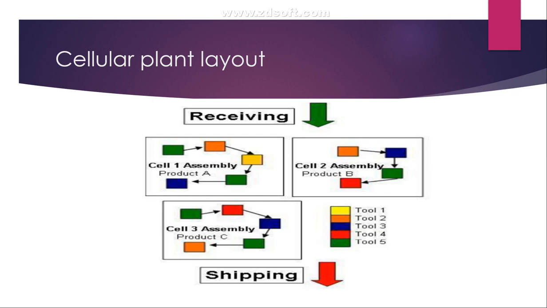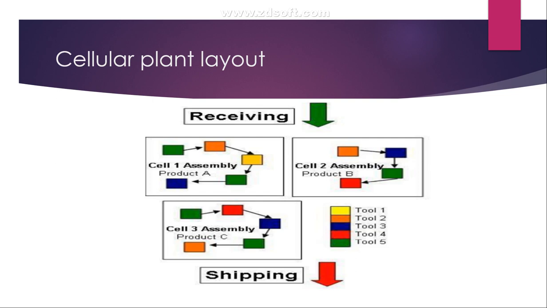So it helps us produce more volume and diversify, or produce more products, in a very short time. Here we can see three different cells created for three different products using the same tools.